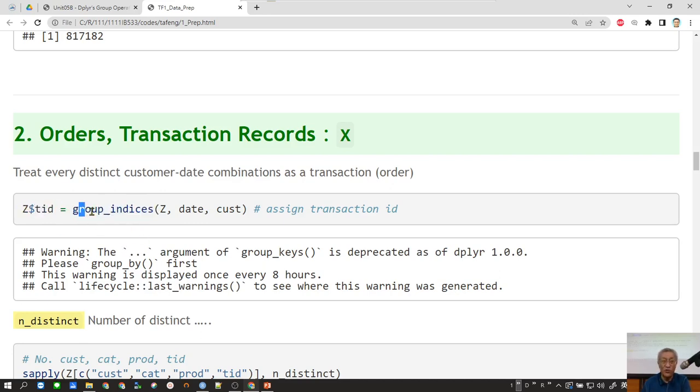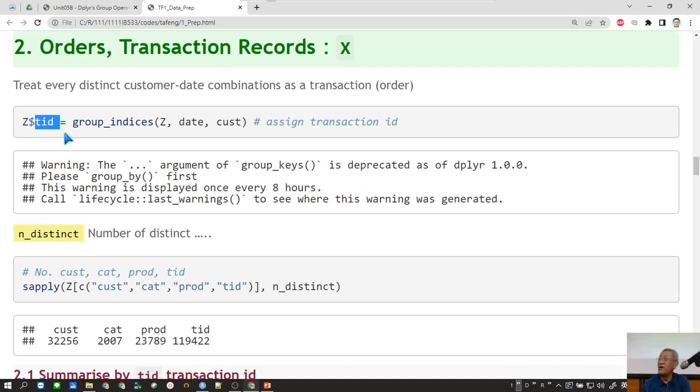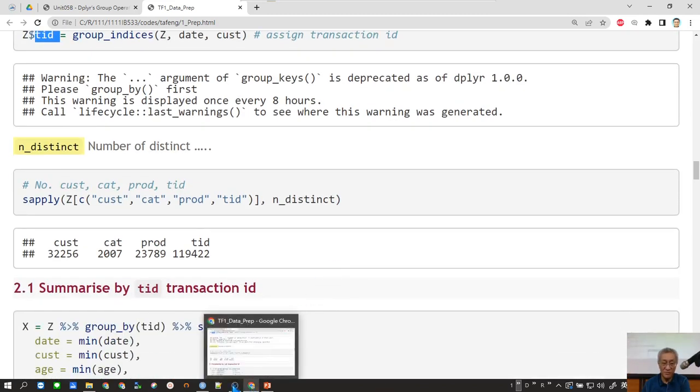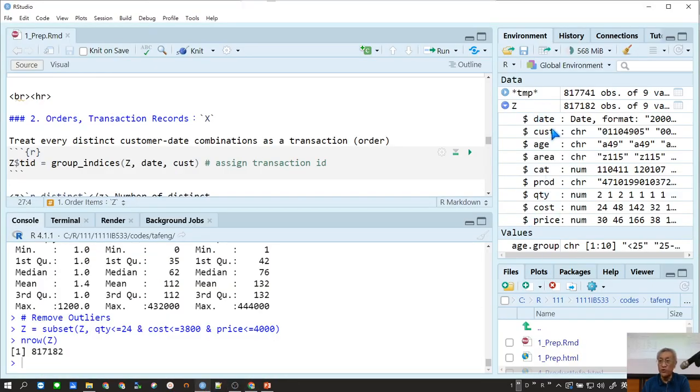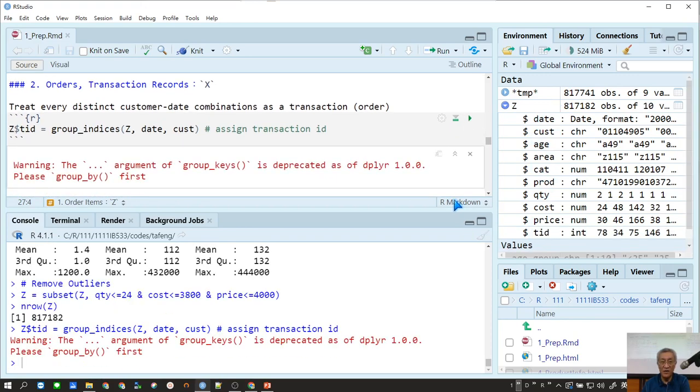This function generates the ID for you, and the way it works is that for every customer, every item that he buys within the day gets a unique transaction ID assigned to it. So in this way, I create a TID column within Z. See, this is the original Z data, and in this command, I create a TID.